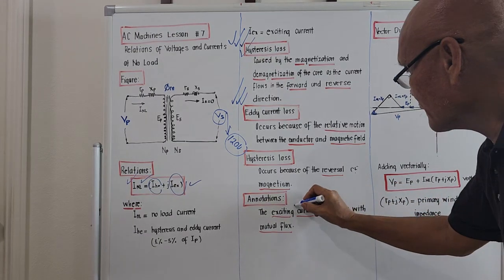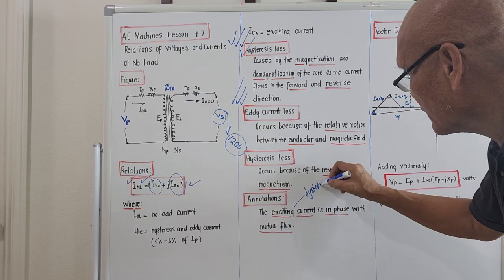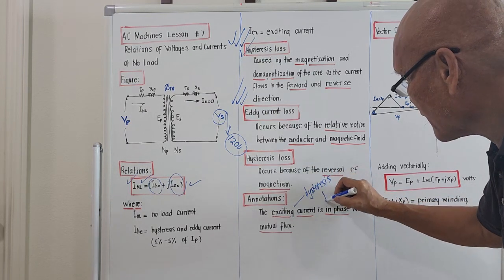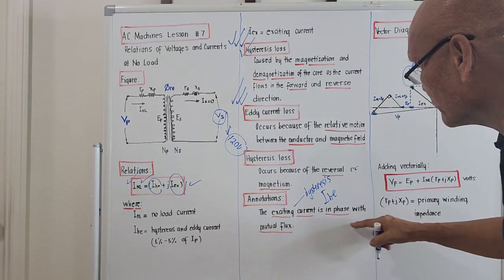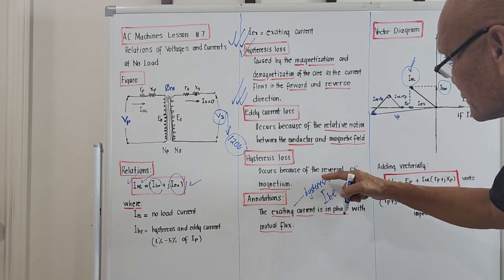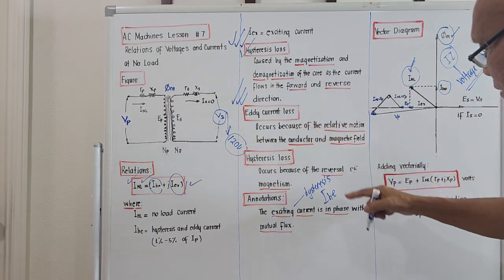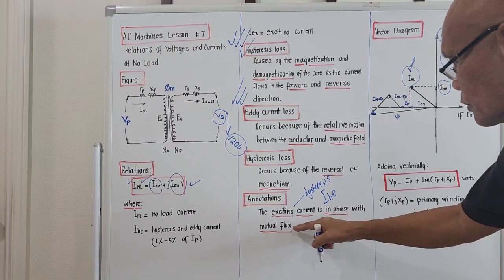The exciting current due to hysteresis, that is I with the subscript HE. According to this annotation, the exciting current due to the hysteresis, designated as capital letter I with the subscript HE, is in phase with the mutual flux.